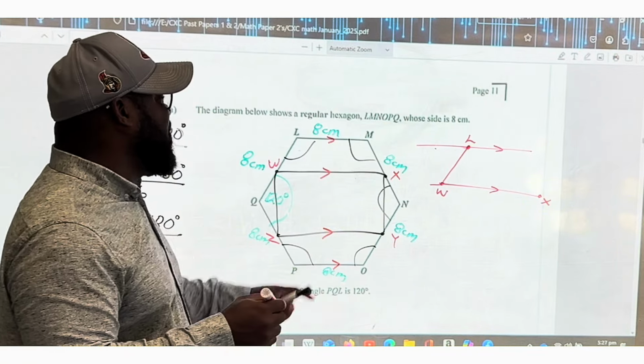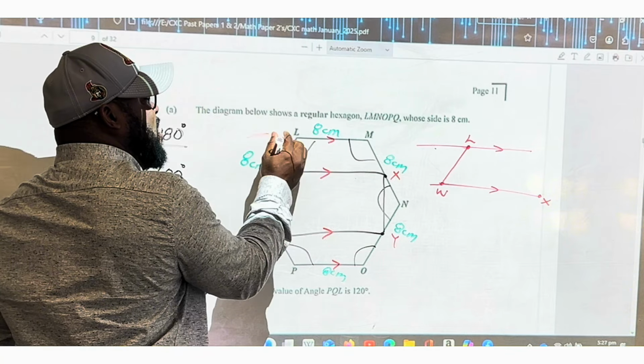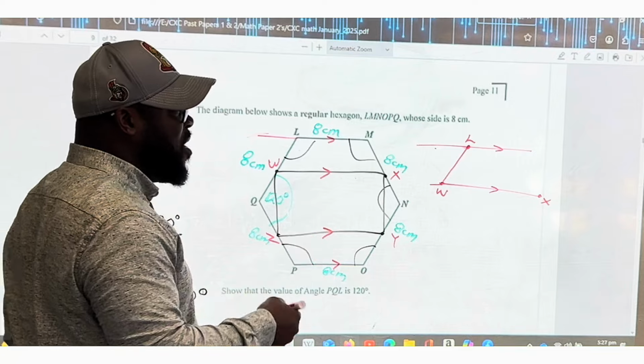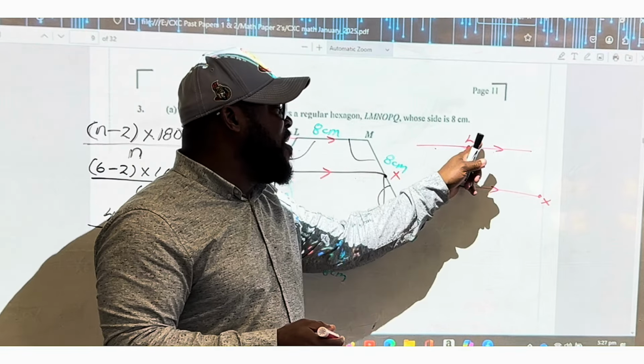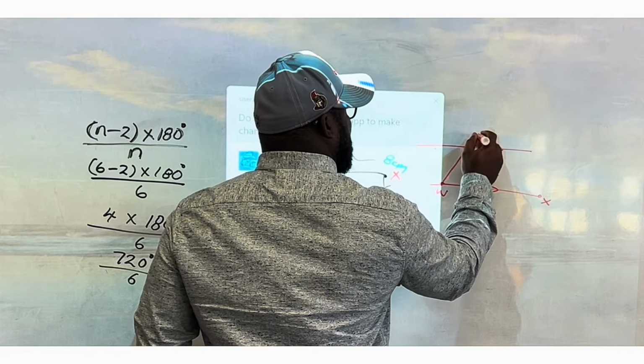A reason why I left out this extension is because it's not really here, but you can extend it if you choose to. When I do it, you could realize what is happening here. What is happening here?